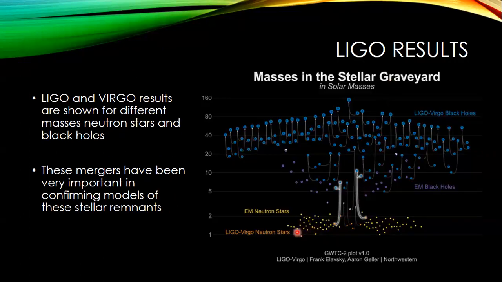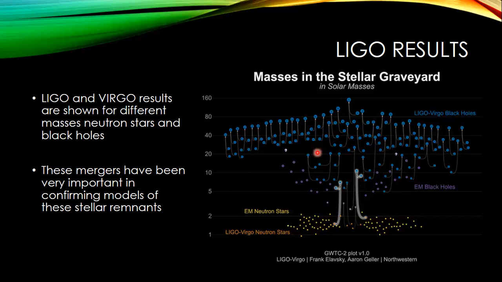So LIGO and Virgo have essentially been able to establish that most neutron stars are, as expected, somewhere between 1 and 2 times the mass of our sun. It also establishes that black holes generally are above 5 solar masses or greater.